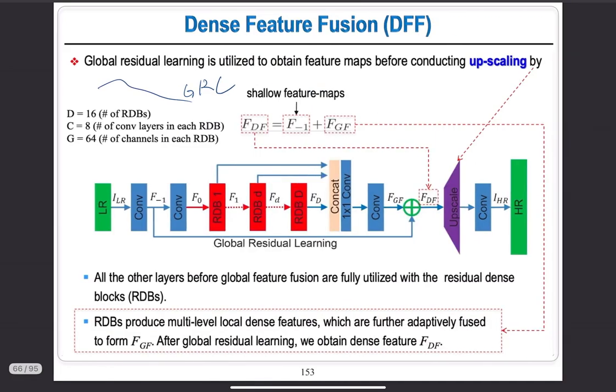And GRL adds the fused global features to the shallow feature extracted at the very beginning. And this final fused representation contains rich hierarchical information across the entire image and can be used as input to the upsampling module, which results in highly detailed, high-resolution reconstruction.